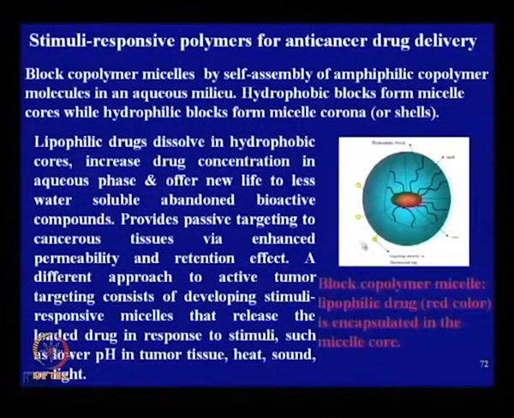This is a core shell diagram for drug delivery. This is the cell, this is the core, and these are the polymer molecules attached to this core. Here is the drug, this is the drug in the core.